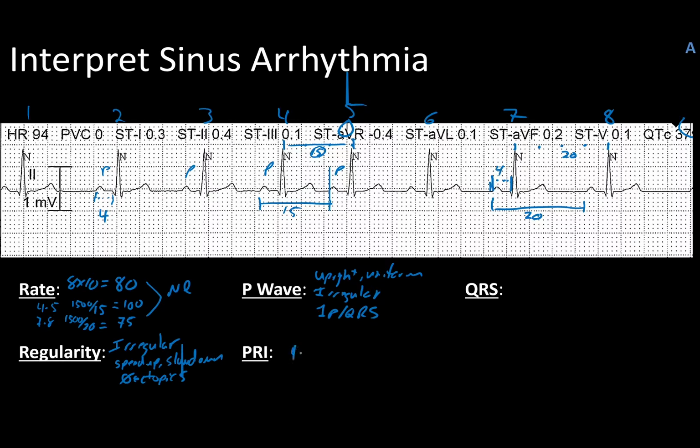So 4 times 0.04 equals 0.16, which again is normal. QRSs are all uniform, aren't they? And I've got that QRS pattern. My width on these is going to be exactly 1, 2.5.